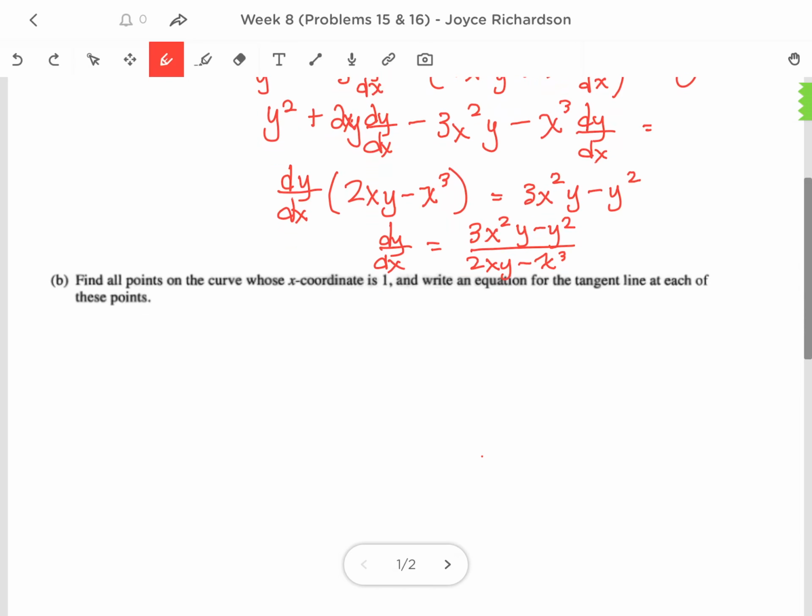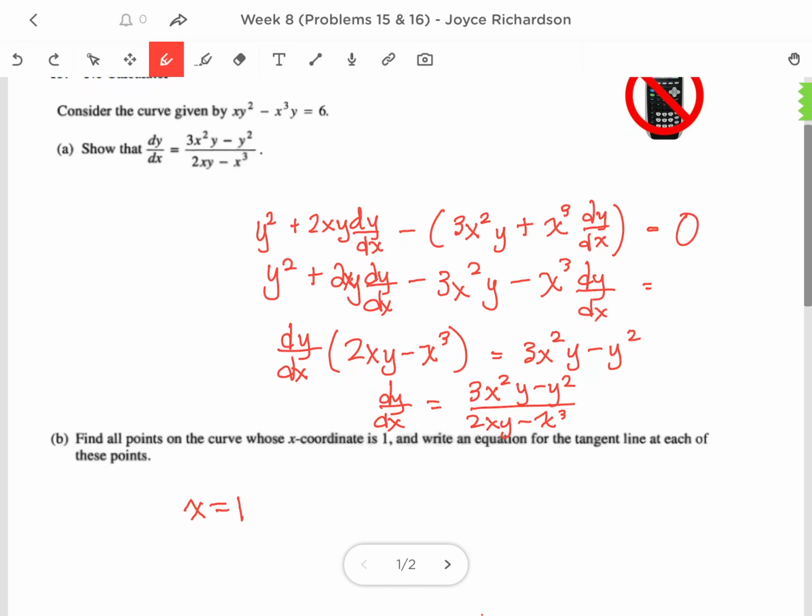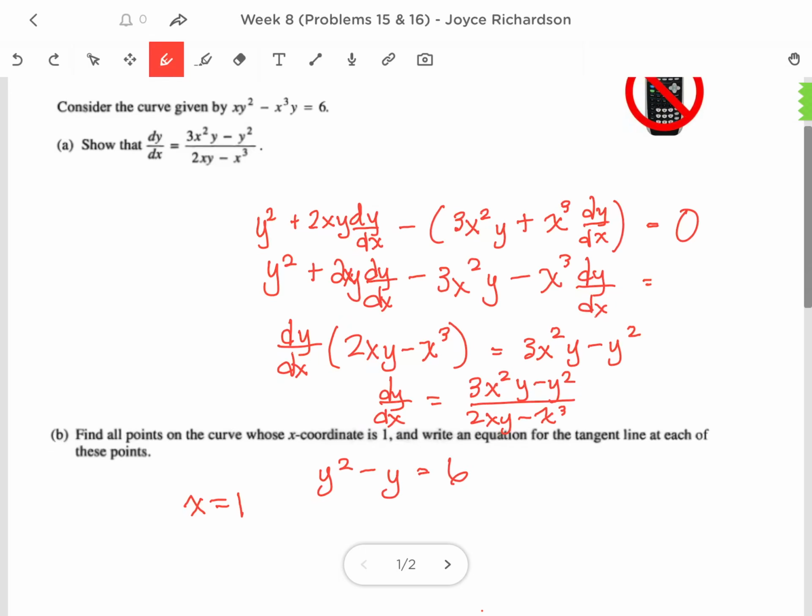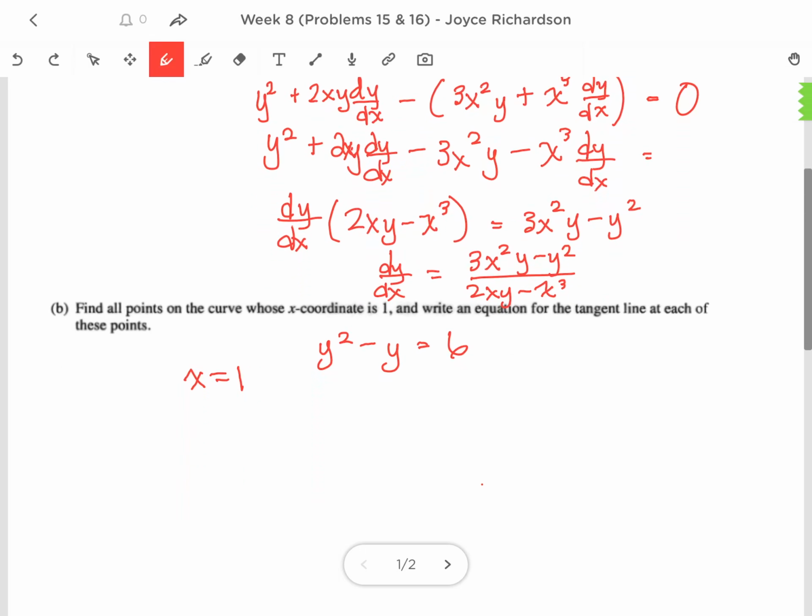Okay, find all points on the curve whose x coordinate is 1 and write the equation. So if x equals 1, then you're left with the original equation, which would have given you y squared minus y equals 6. And you got a couple points for that.